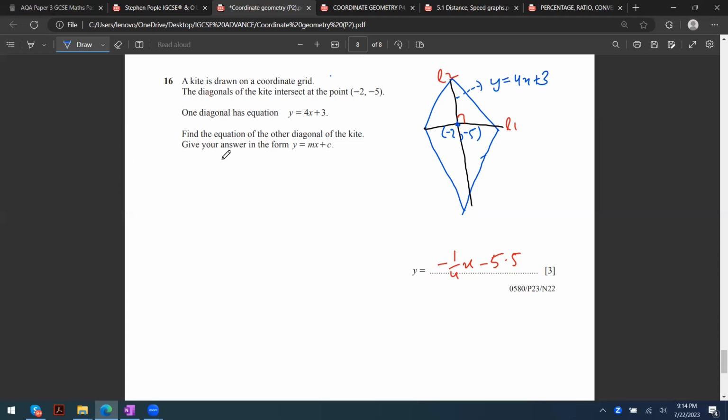Find the equation of the other diagonal. So we know that, yes, Rafi, we are doing it again. We know that both the diagonals are perpendicular to each other. For perpendicular lines, the product of the gradients is -1.